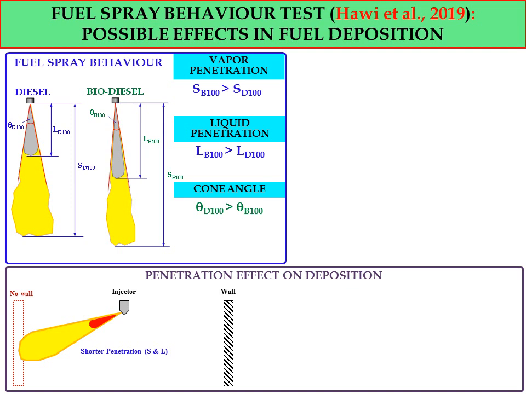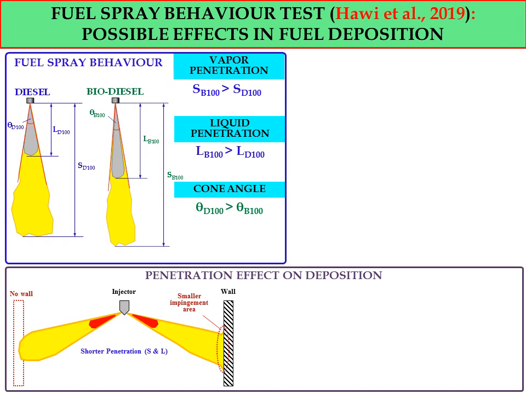However, if we consider fuel spray impingement on the wall for the same penetration distance, we will have this kind of condition where the fuel spray will impinge on the wall, and the wall refers to the combustion chamber wall.